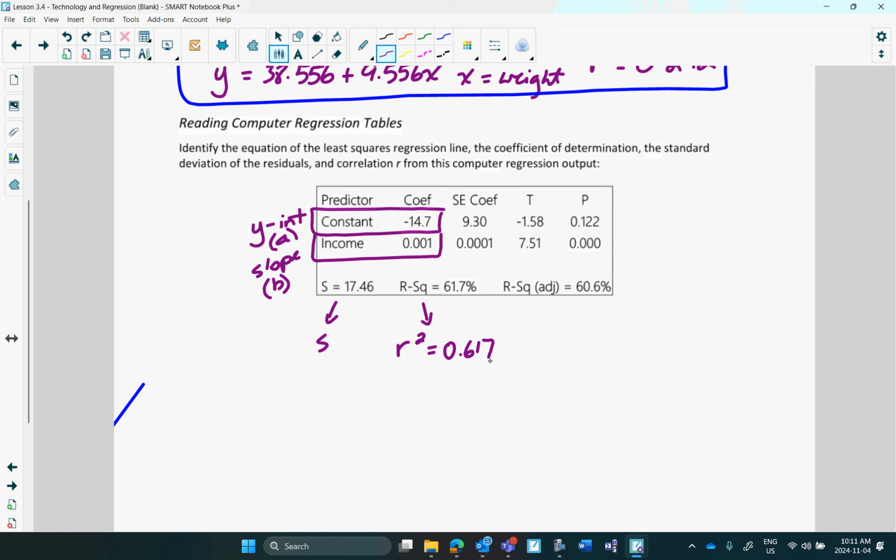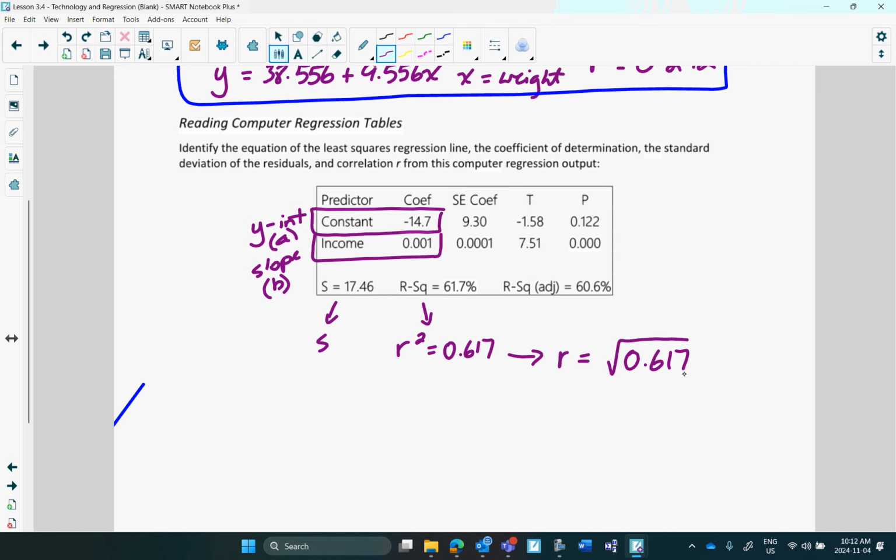There's only one piece of information that I'm missing, R. R is not given on the table, but how would you find it? Take the square root of this. So R is going to be the square root of 0.617.